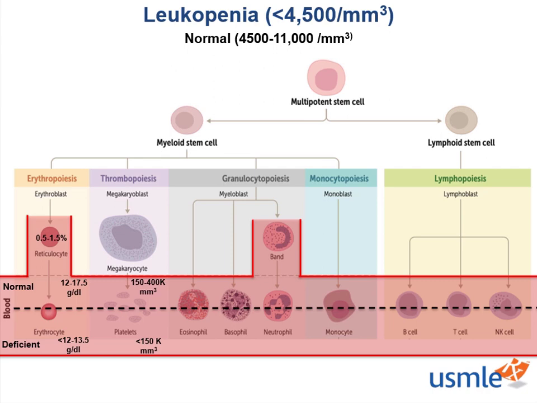1 cubic millimeter is equal to 1 microliter, while less than 150,000 marks deficiency, called thrombocytopenia.